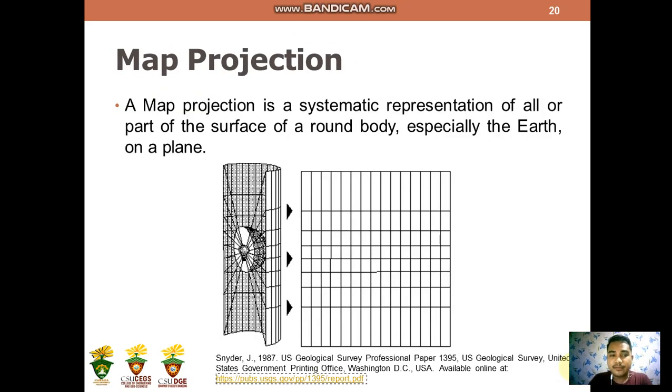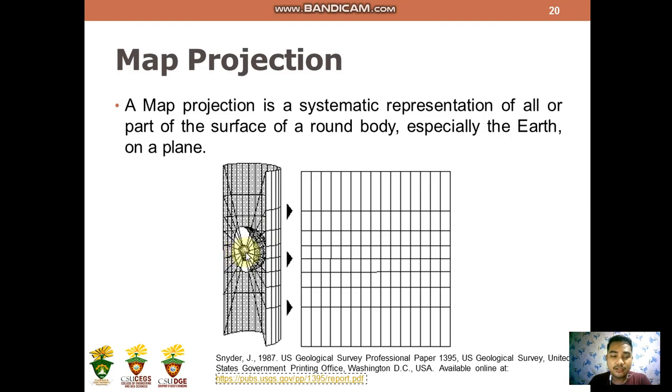So another definition of map projection is a systematic representation of all or part of the surface of a round body, especially the earth, on a plane. So same na gyapon na atay earth diri, ilang pag-project niya. So example of this projection, imagine nga naay globe, and sa center ato nga globe is naay light.